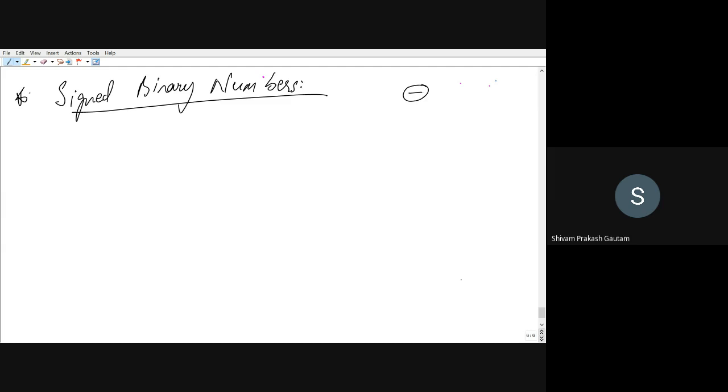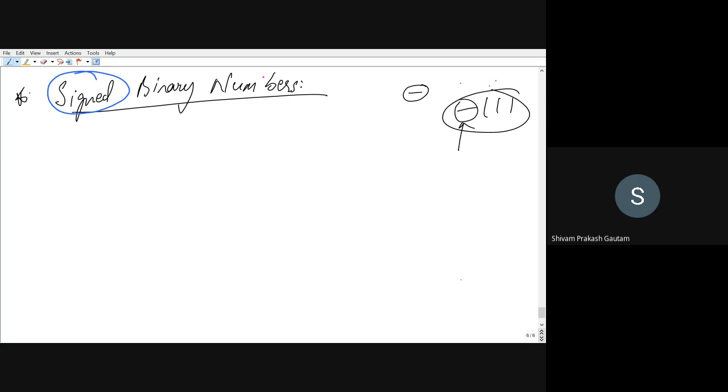So in order to accommodate this minus sign, we will be using signed binary numbers. We will sign each binary number so that by looking at it, we will be able to classify whether it is a positive number or a negative number.